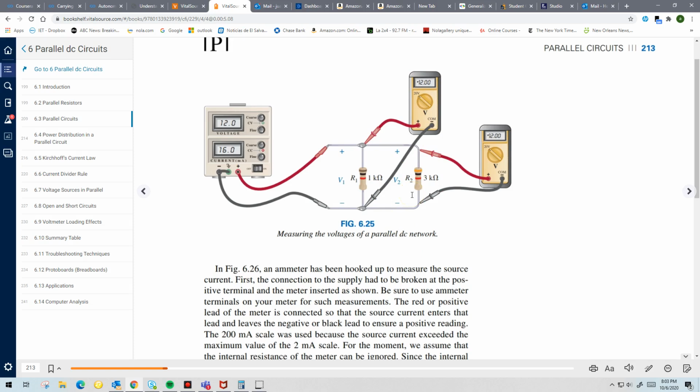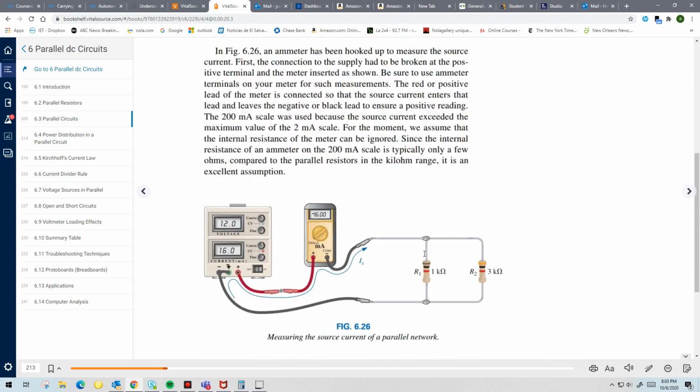They're just swapping the leads, but you still get the voltages that you get here. Notice that the top one is voltage and the bottom is telling you what the current is. So in this example, you will measure the same voltages, right?